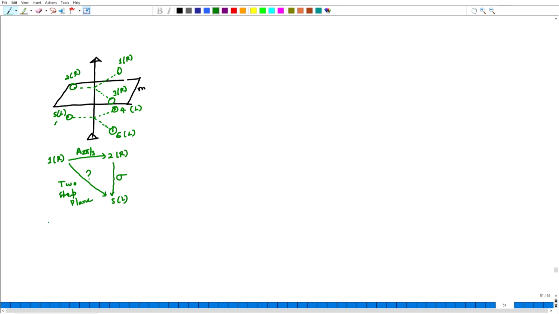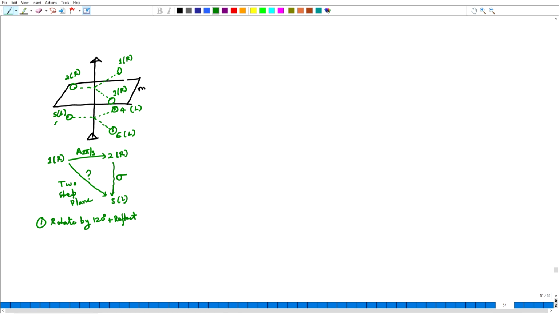One way to go from 1 to 5 is to rotate motif number 1 by 120 degrees, you come to motif number 2, and then reflect. This is what we call roto-reflection symmetry, and this is also a point symmetry operation because there is one invariant point, which is at the intersection of the mirror and the 3-fold rotation axis.